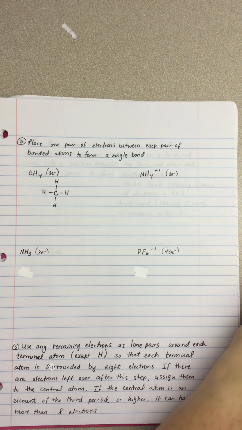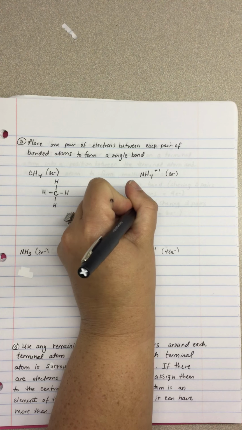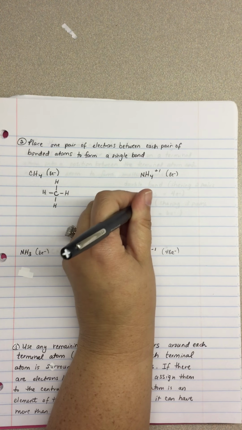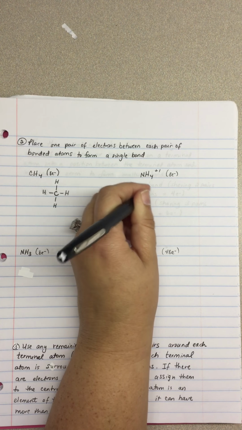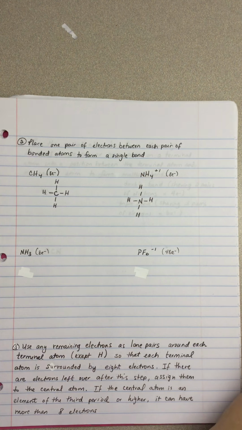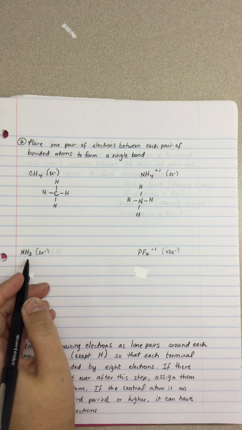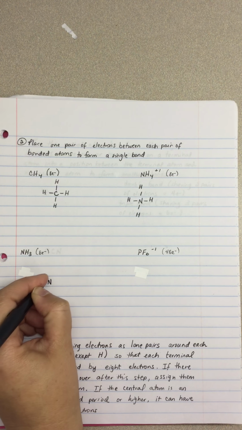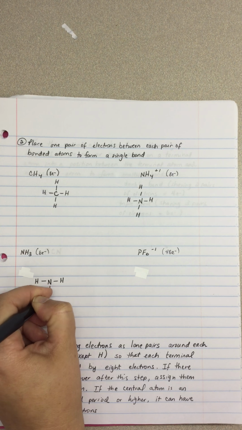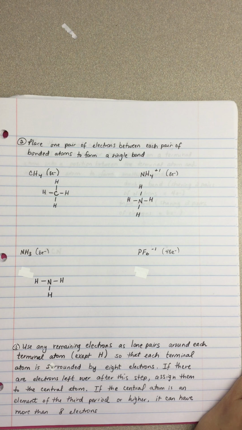Now here we have nitrogen and 4 hydrogens. So since you have 4 hydrogens, you need 4 lines around your nitrogen, and each line is going to be connected to one of the hydrogens. NH3, now you have only 3 lines because you have 3 hydrogens.